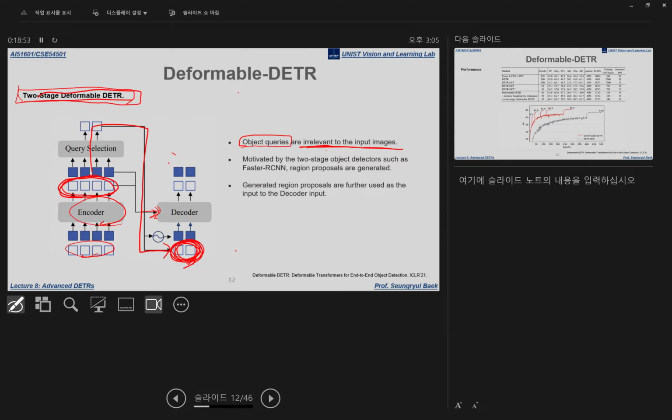Now the object queries become relevant to the input images, because this is the image feature, enhanced in the encoder, and then we input this to the decoder's input. So in deformable DETR, by doing this two-stage variant, we can give some image relevant information to the object query, thereby increasing the accuracy.